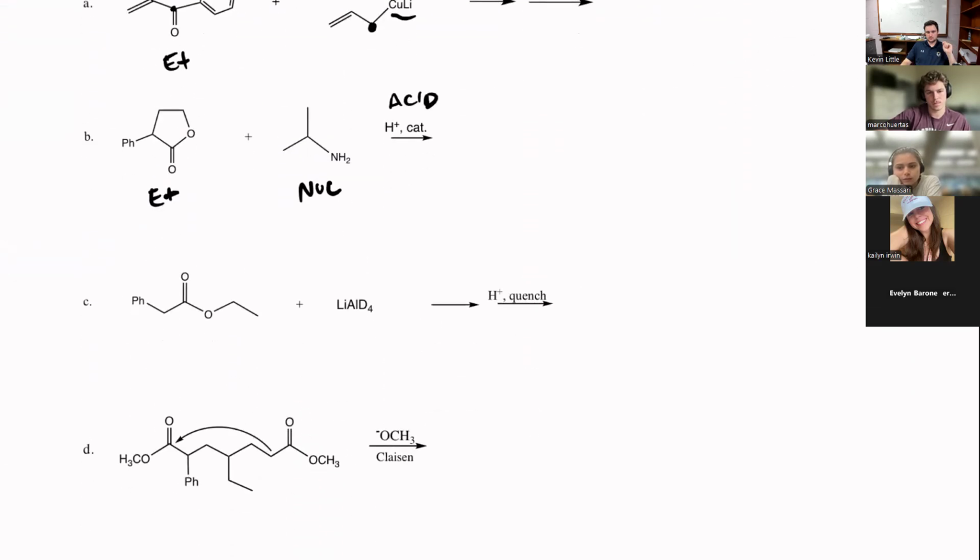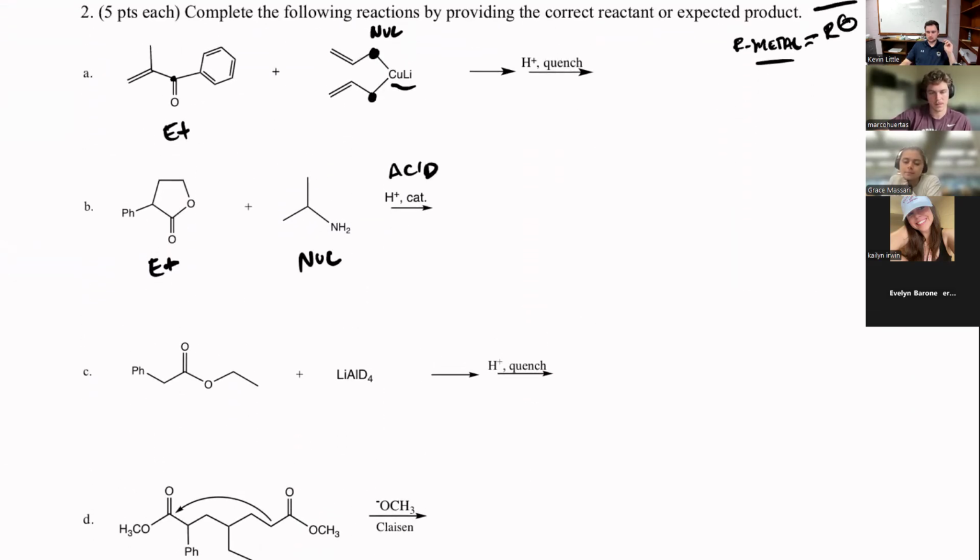Yes. Easy rule. So I have this. What am I going to replace? Your oxygen. What am I going to replace it with? NH2. Not NH2, but NH because we're going to make it neutral. We're going to remove one of the protons.